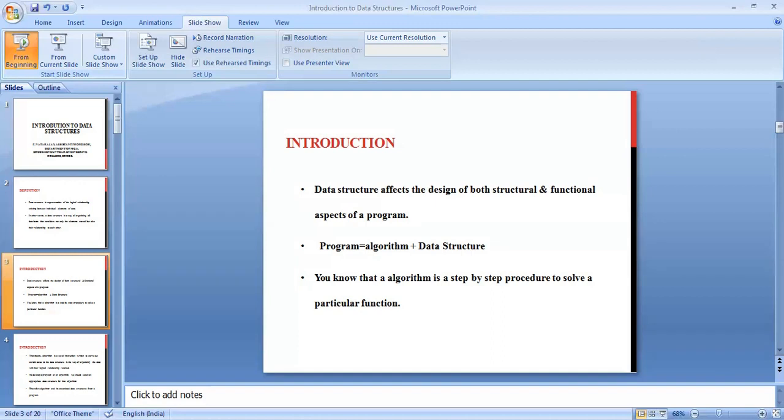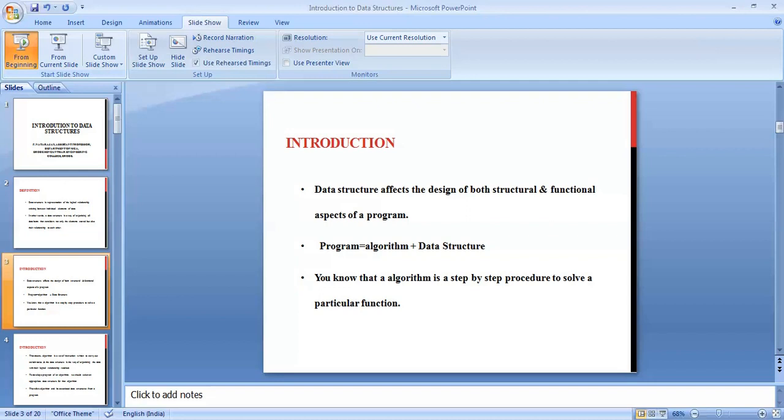If you consider a single program, that program may be a combination of both algorithm and data structure.